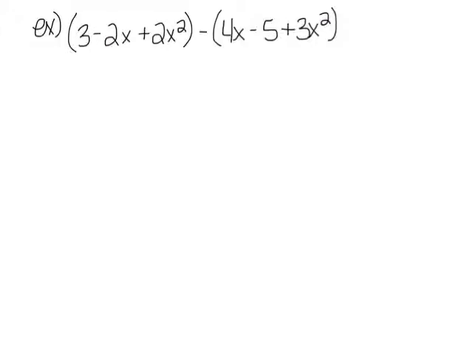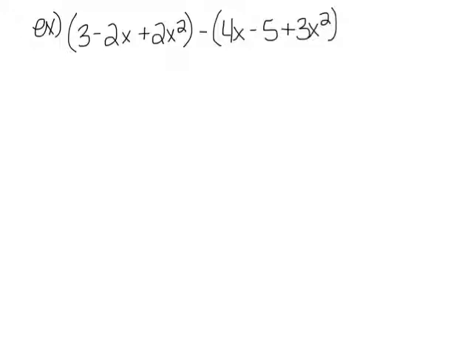When subtracting polynomials, I am going to actually distribute my subtraction sign to each one of the terms inside the polynomial. And then I'm going to add. So basically I'm doing keep, add, change, but I have to distribute that negative sign first.